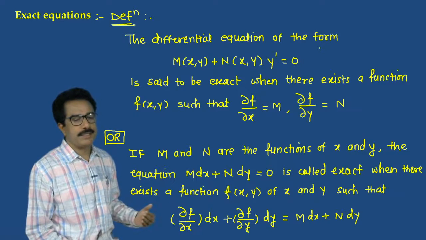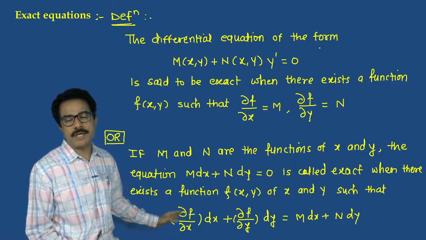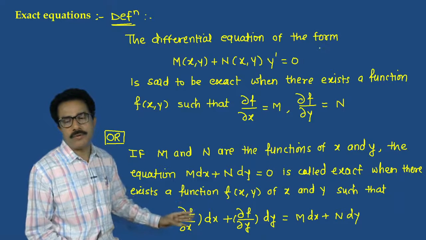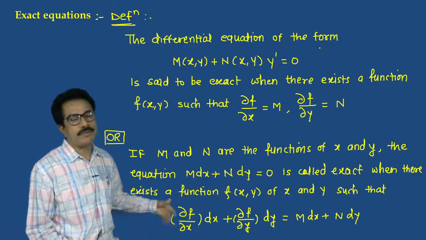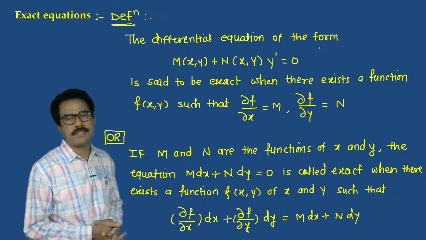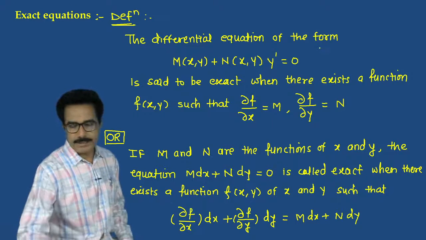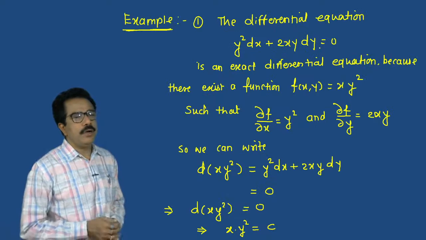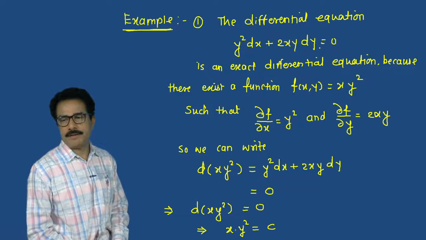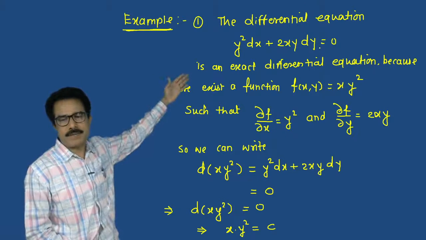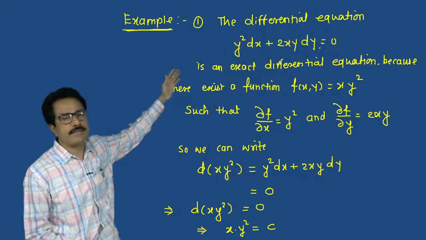That means M equals dou f by dou x and N equals dou f by dou y. If this condition is satisfied, then we can say that the given differential equation is an exact differential equation. Now, for example, we shall discuss one example regarding the exact differential equation.